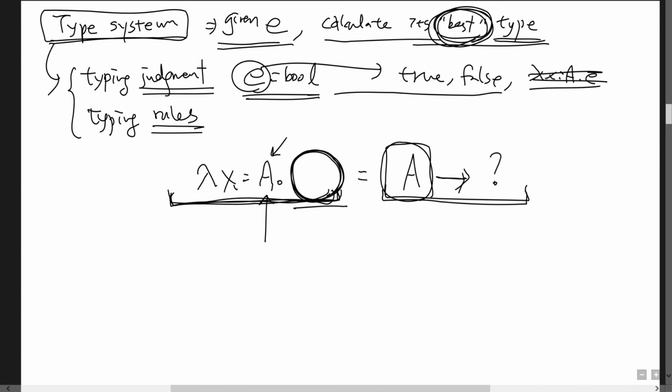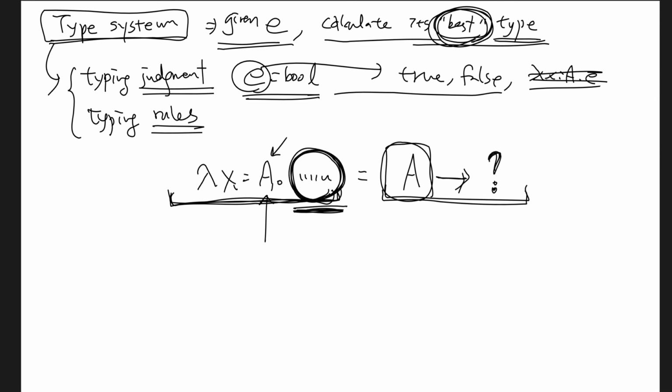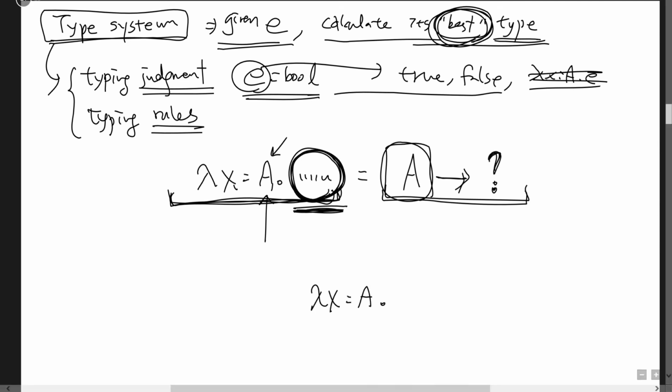So now the question is, what is the type of this body? Let's suppose that at the moment we don't know what the body looks like, so its type is unknown. Now let's try to find out the type of this body expression. Inside this body expression, we might have many instances of this variable x. For instance, we might have something like lambda x A x.